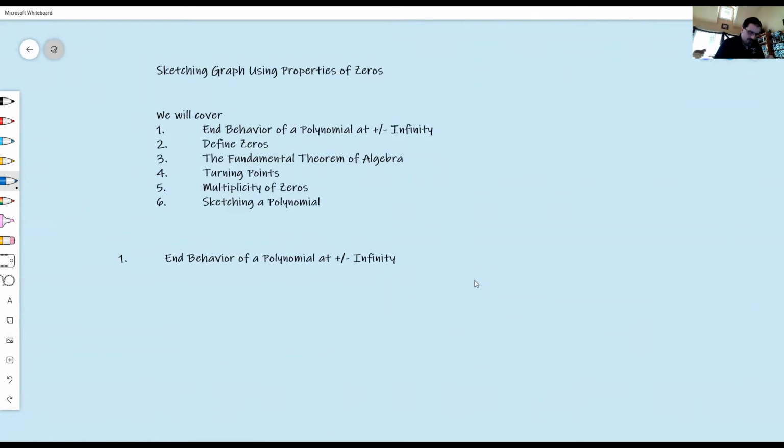Sometimes you'll see it as the end behavior of, say, f of x, of the polynomial, as x goes to plus or minus infinity.